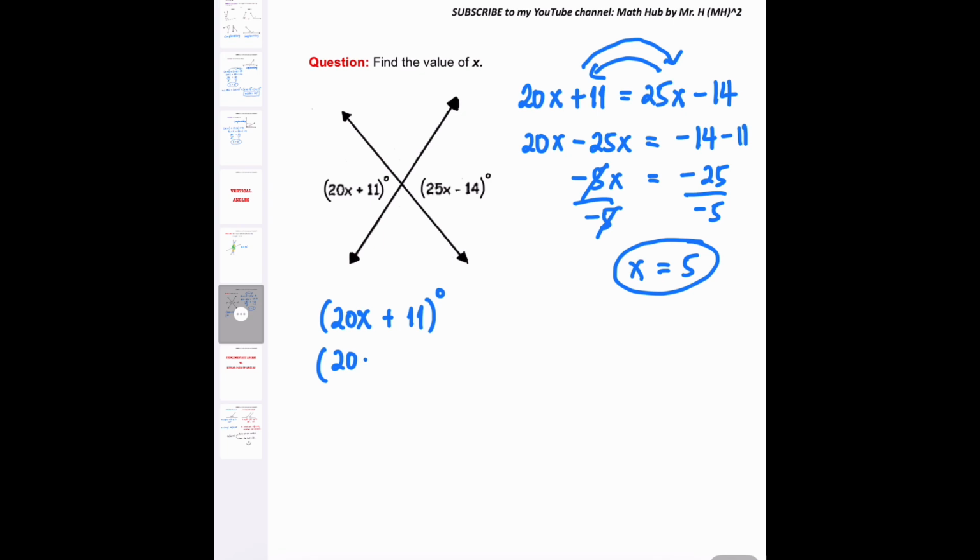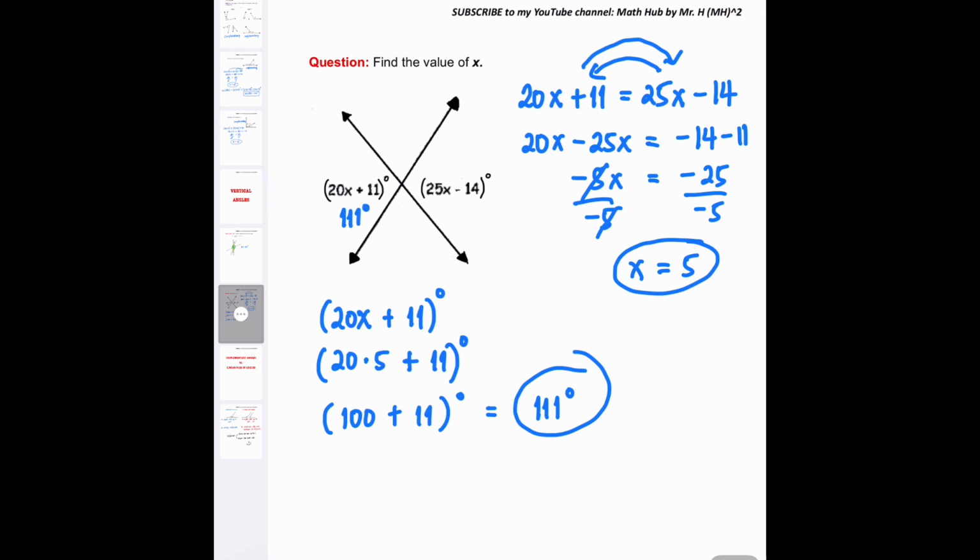So we have 20 times 5 plus 11. 20 times 5 is 100, plus 11. And so we have 111 degrees. That's the measure of each angle. So if this is 111 degrees, the opposite is also 111 degrees, because this is a pair of vertical angles.